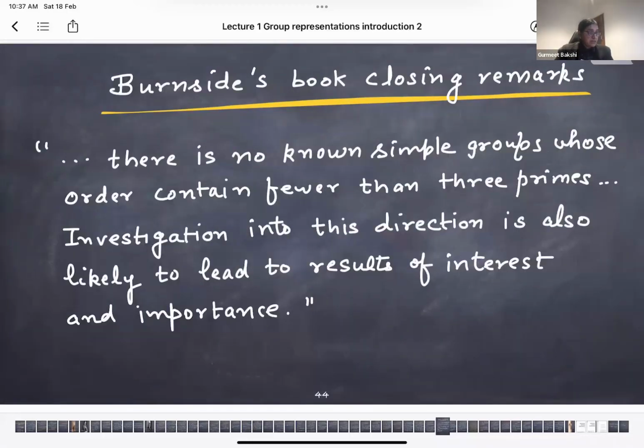Burnside's book's closing remark says that there is no known simple group whose order contains fewer than 3 primes, and investigation in this direction is also likely to lead to results of interest and importance.